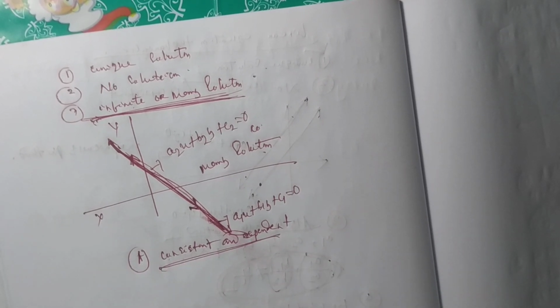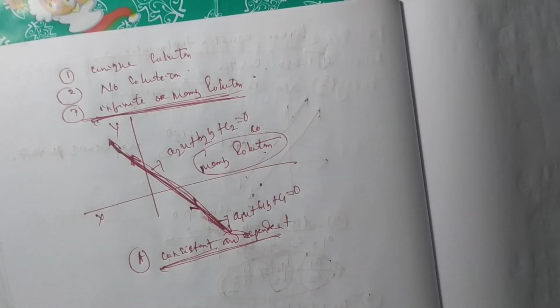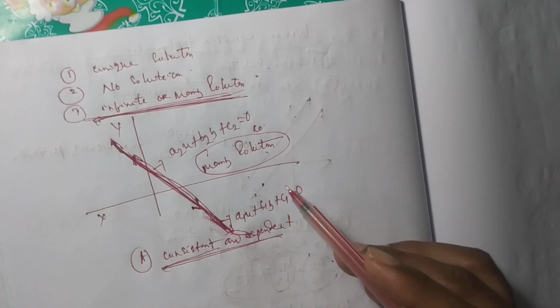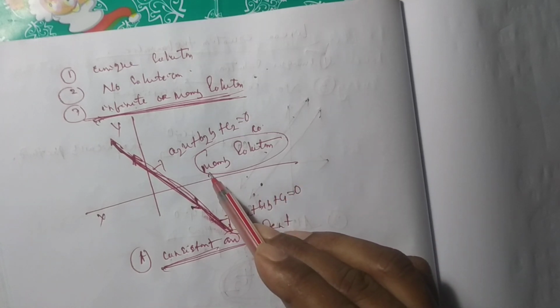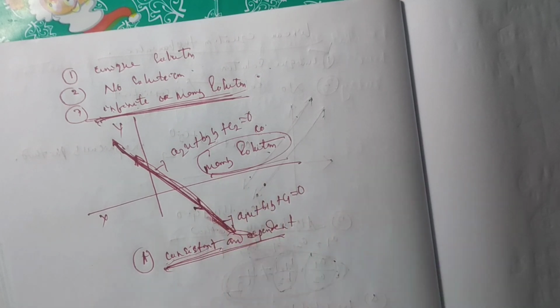Sometimes the question will be given as two lines are consistent, but many solution will not be mentioned in the question. How will you know? Either many solution or consistent will be given, then you will know that this is many solution.